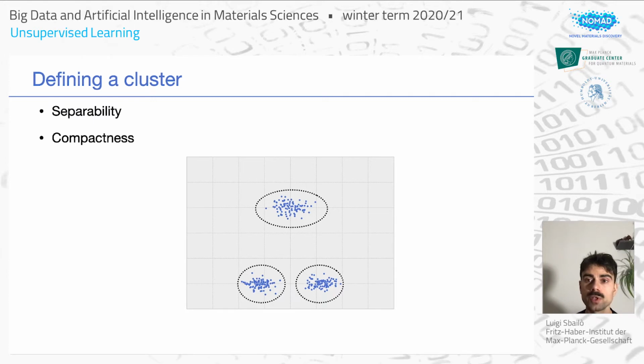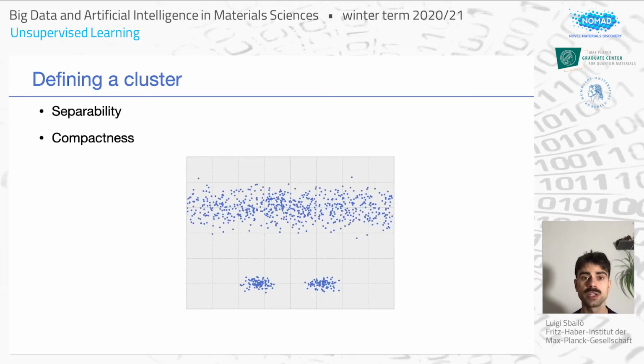But now we might want to see on a different example if this is still true or not. So let's see this data set here and try to guess what is the best clustering in this case. Well, let's start with the two qualities. We are looking for separability and compactness.